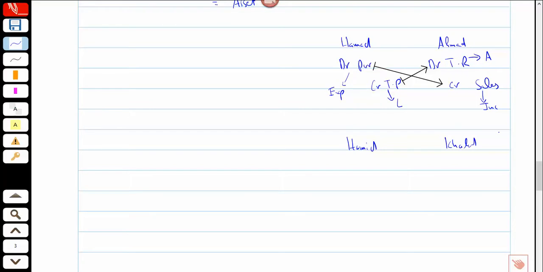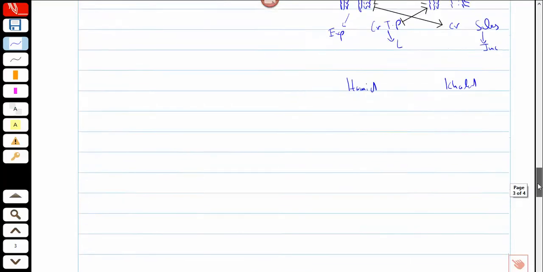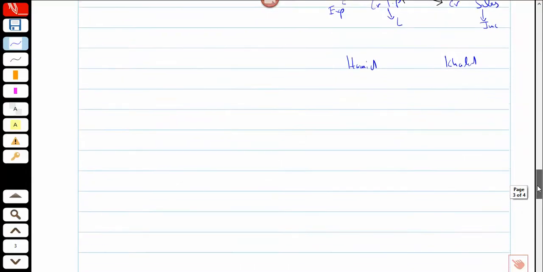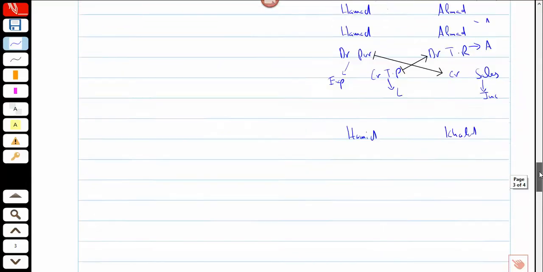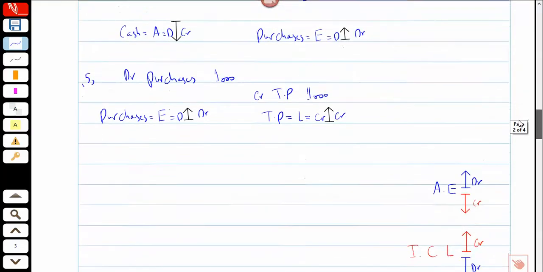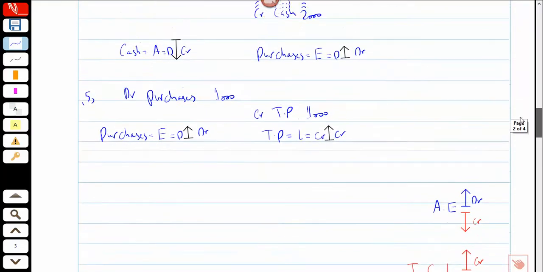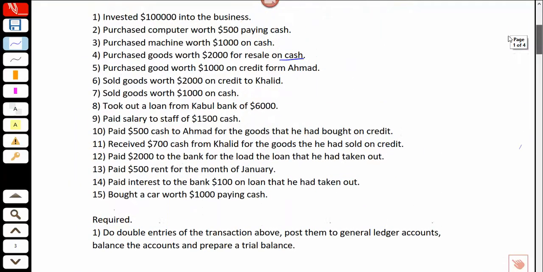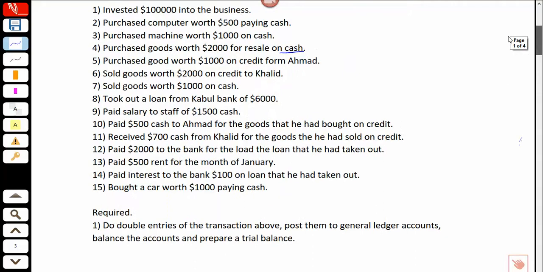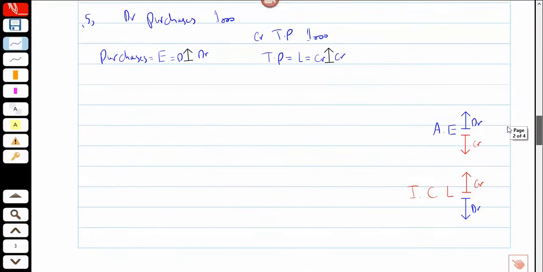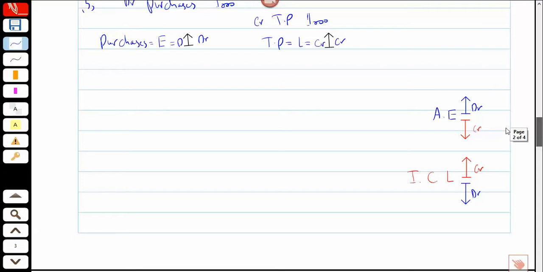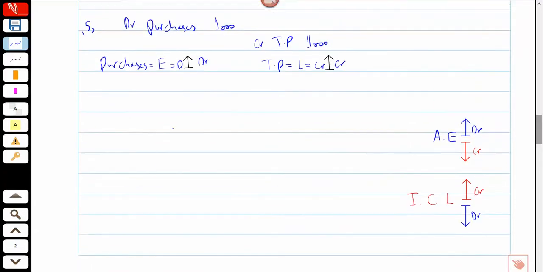Let's look at Ahmad and Khalid. Now Ahmad makes sales to Khalid. Let's complete this, then come back. The transaction was sold goods worth 2,000 on credit to Khalid. Remember, when we buy goods, we call them purchases, but when we sell them, we call it sales.